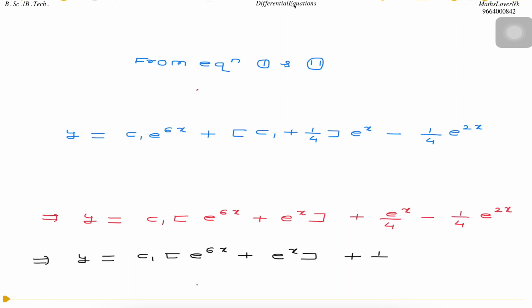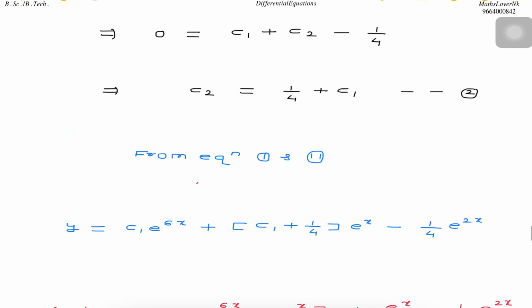Take it out as a common, then we get 1 minus e the power x. It's our final solution. I think that is right. If any problem arises, then tell me, and we can change our solution.